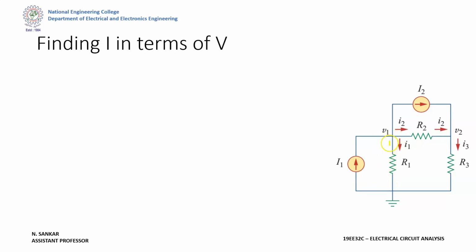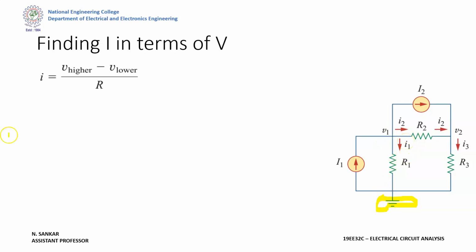The voltage across R1 is nothing but V1 minus 0, because the potential here is 0 as it is grounded, right? So V1 minus 0 divided by R1 will give the value for I1.